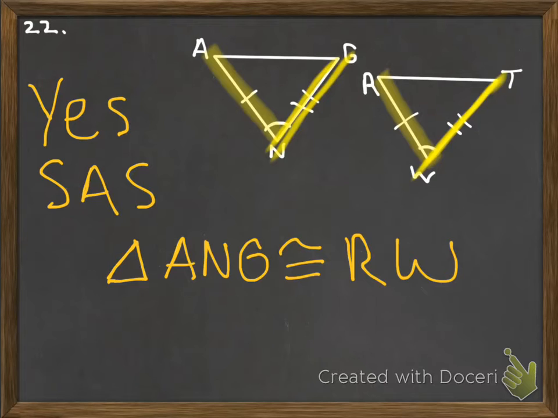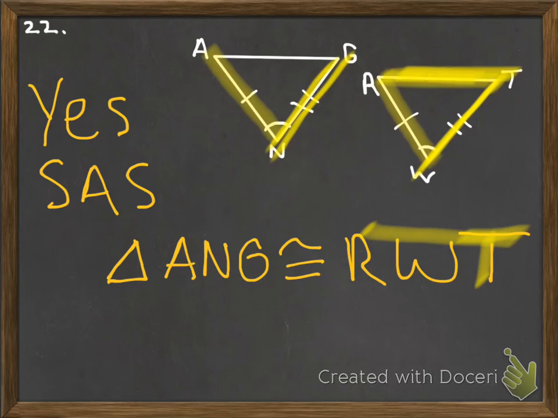Okay, so WT has to come next. And then obviously order matters, the T's at the end and the R is next. On this one the TR, and that's got to go with the AG, so you have G at the end and A at the start of your other triangle.